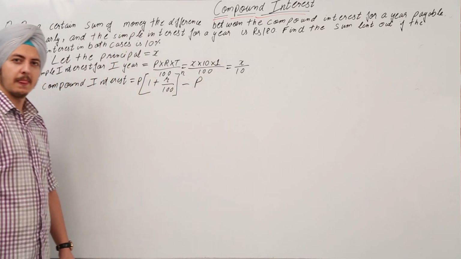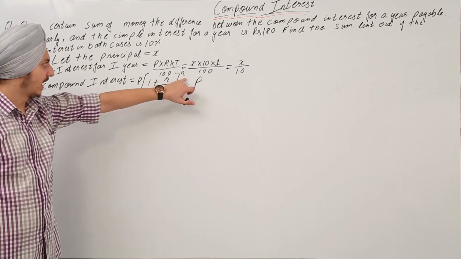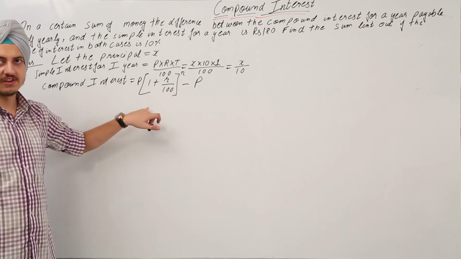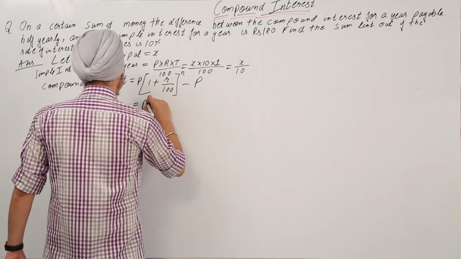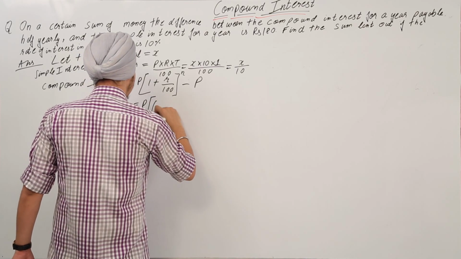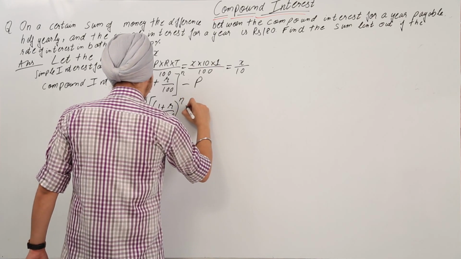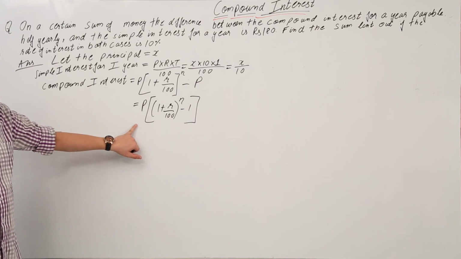Principal into 1 plus R by 100 raised to power n is the amount; minus the principal, this will give us the compound interest. So the formula is P into 1 plus R by 100 raised to power n, minus 1.